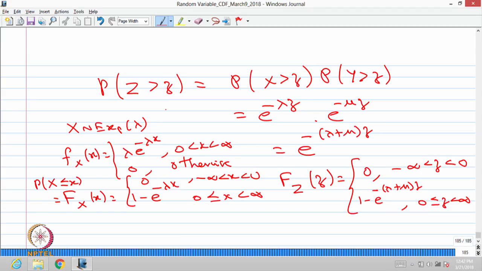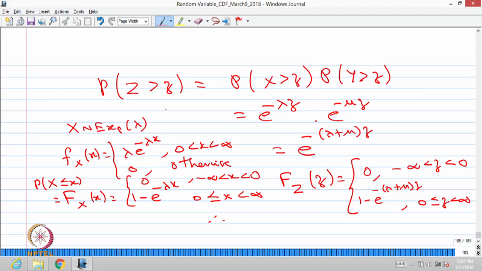On this page itself you can compare: when x is exponentially distributed, the CDF is 0 from minus infinity to 0, then from 0 to infinity it is 1 minus e power minus lambda x. It is in the same form. Therefore, once two different random variables have the same form of CDF, we can conclude both random variables have the same type of distribution.